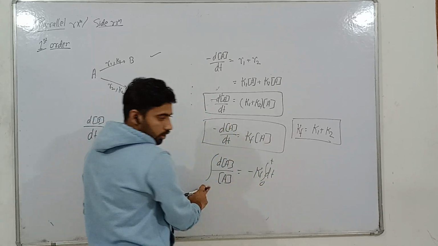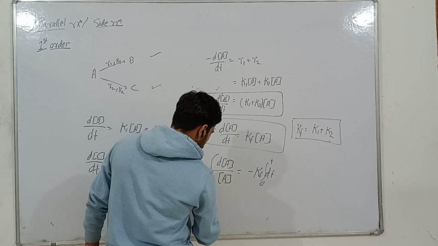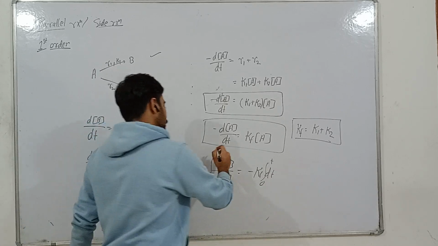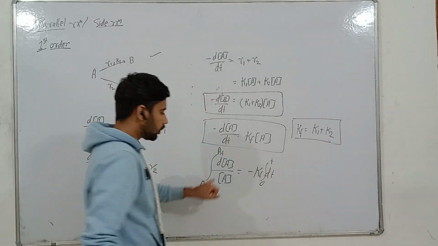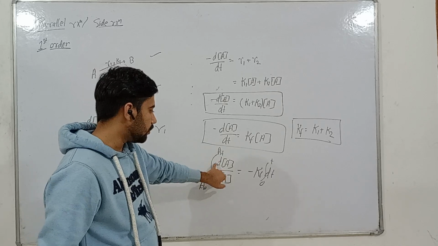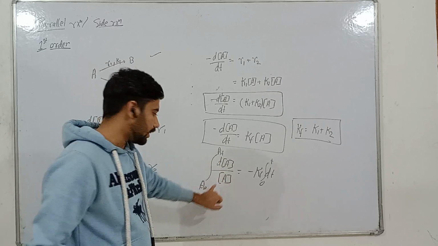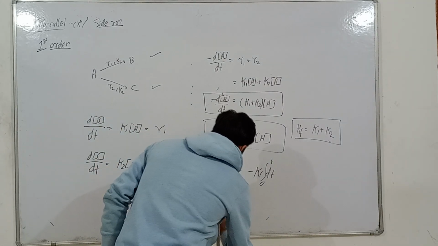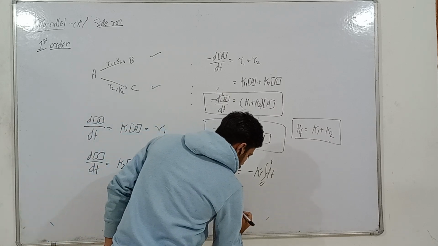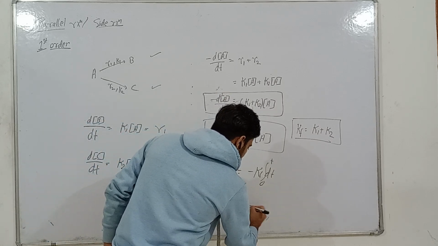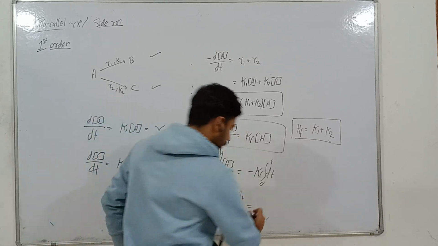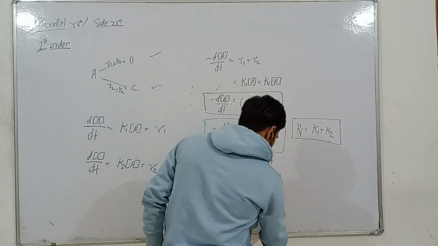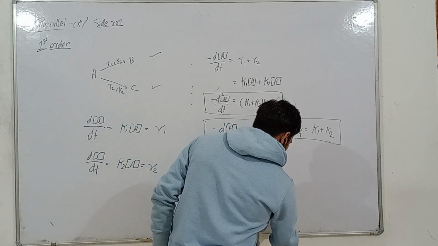At t equals 0, assume the concentration of A is A naught, and the concentration of A at any time t is At. So we integrate minus dA by A, that is ln A, with limits from A naught to At. That equals minus Kf, integral of dt equals t, with limits 0 to t.